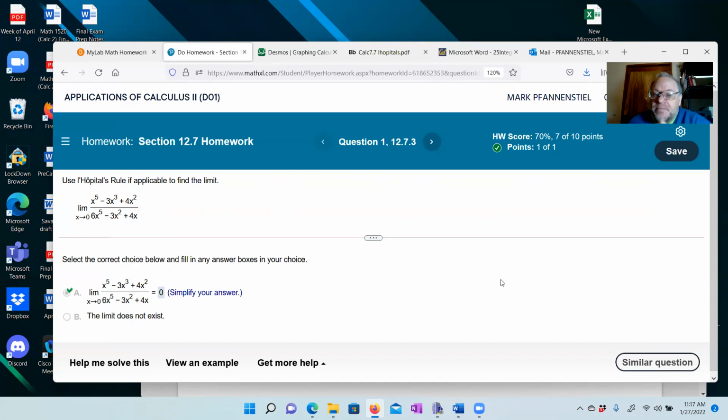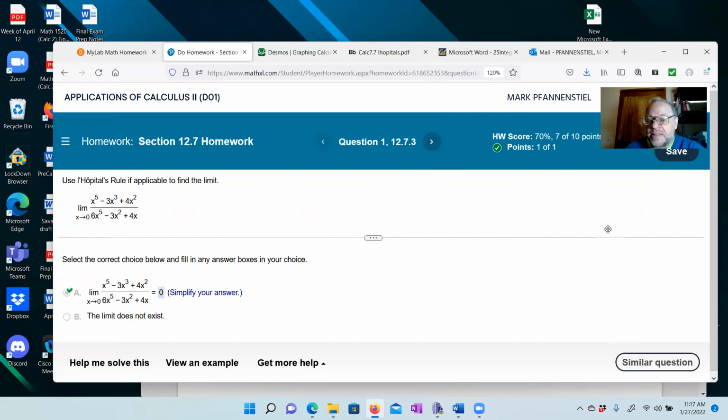That happens. Or you're actually going to get a value. But if you keep coming up with indeterminate forms, you have to keep going until you don't. You can use other methods of evaluating a limit. That's fine. But if you're going to use L'Hopital's, you check for indeterminate form first, then go ahead and apply it.